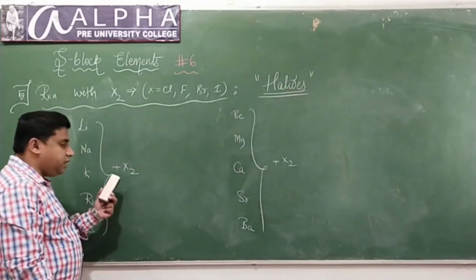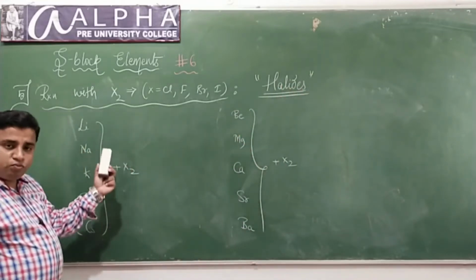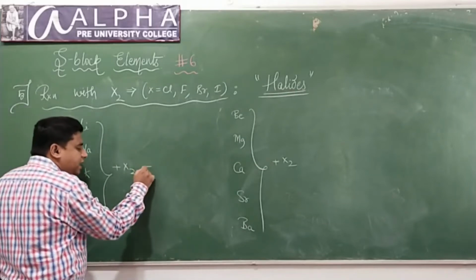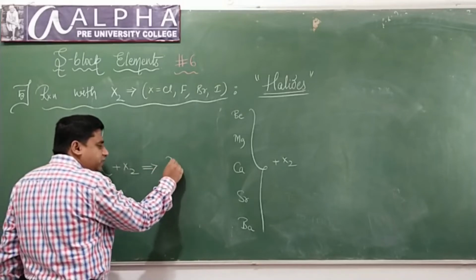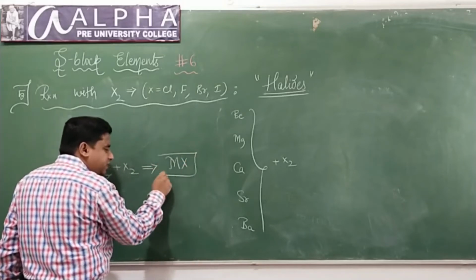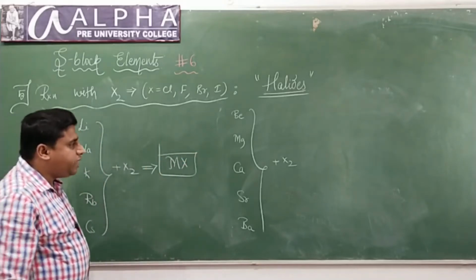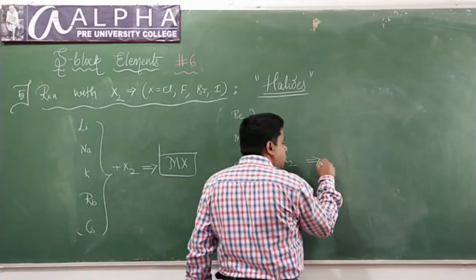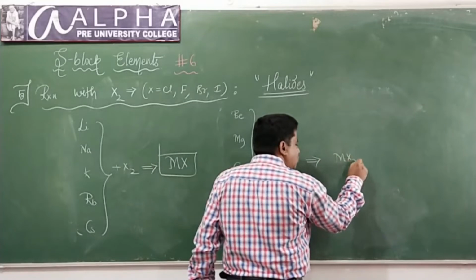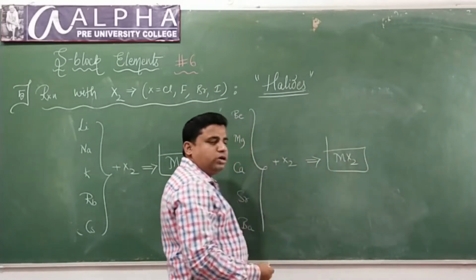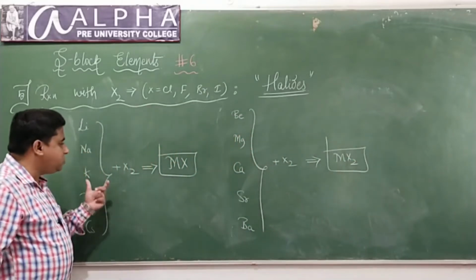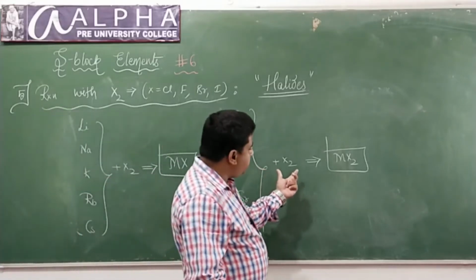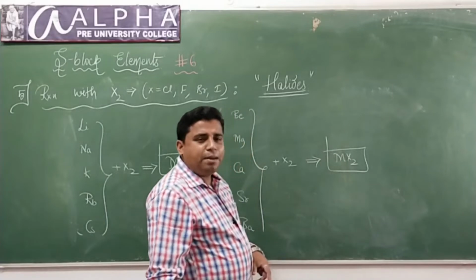What is the formula for halides of alkali metals? Alkali metals will form halides of the type MX, whereas alkaline earth metals will form halides of the type MX2.